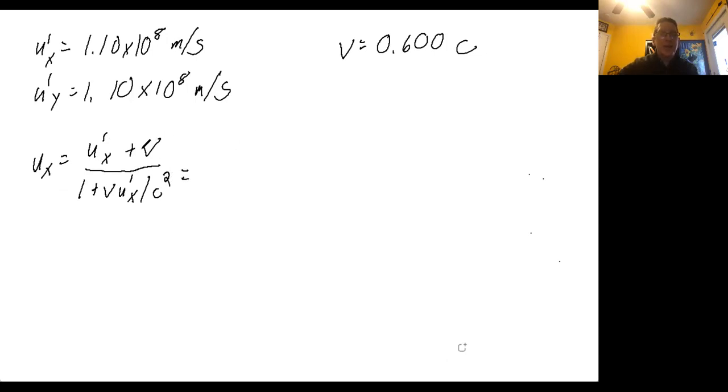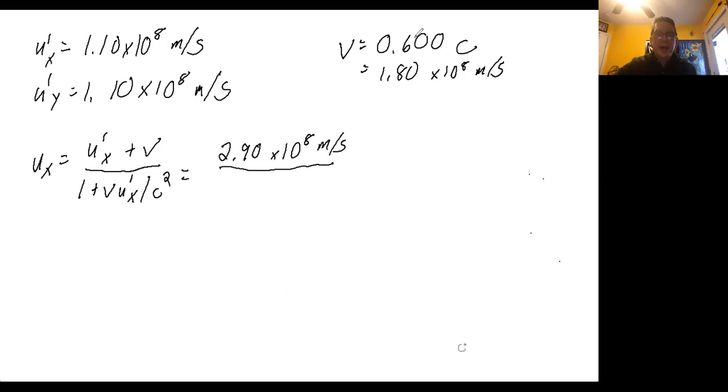Okay, so in the numerator, you have 2.90 times 10 to the 8 meters per second. And the denominator, that's 0.600 c.